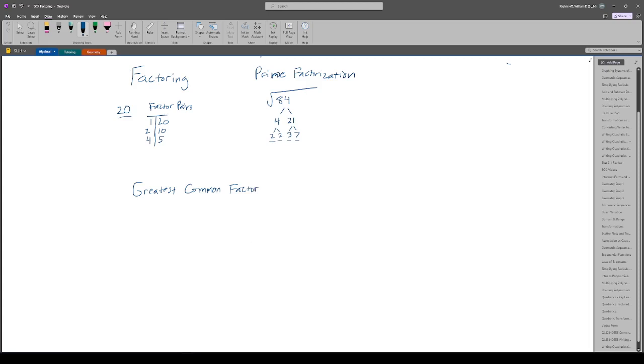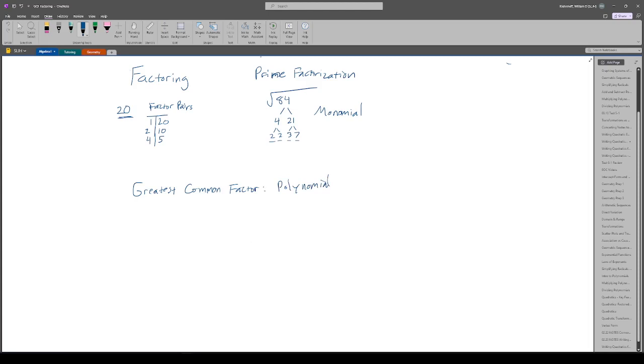The most important thing about prime factorization is we were dividing a monomial into its component parts. We only had a single item, not a polynomial. Same thing with the factor pairs: we had a monomial, which was 20, and we split it up into smaller numbers. A greatest common factor is dealing with a polynomial.